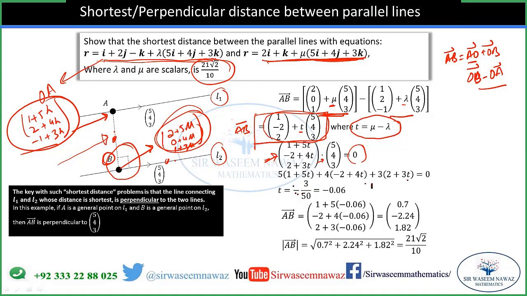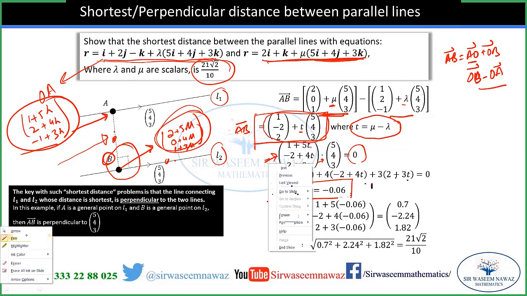So when I solve this one, I get the value of t. And if I place this value of t here, what will I get? I will get the line AB. Okay, so I get the column vector for this line AB.